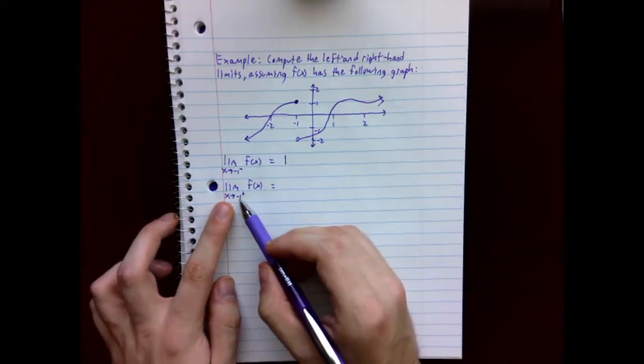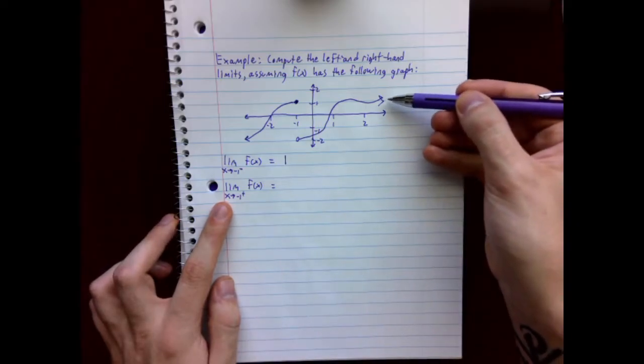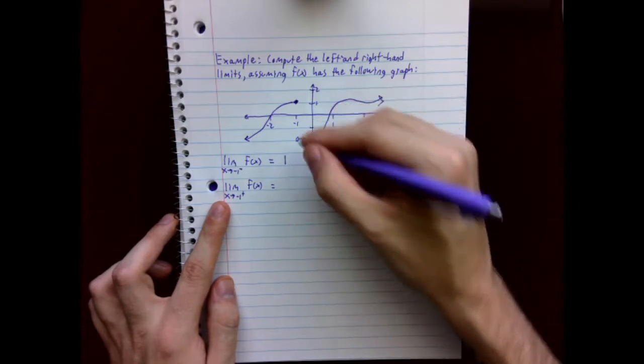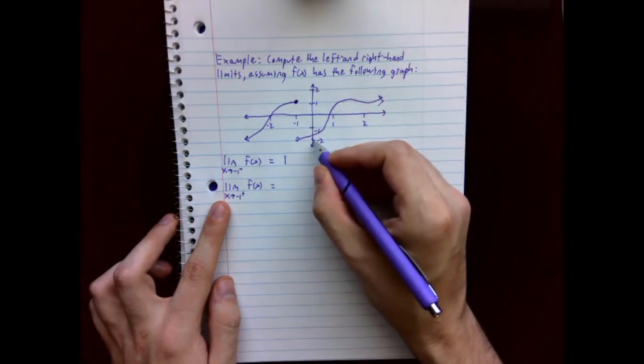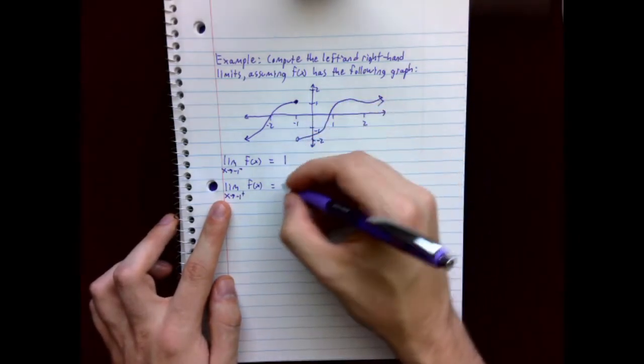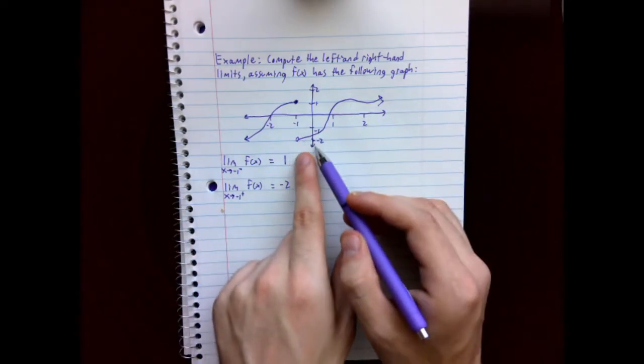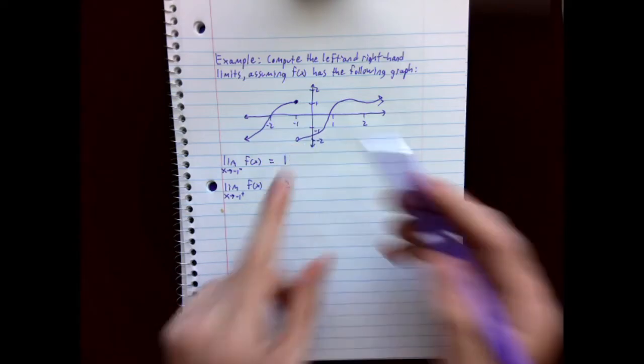Likewise, if I come in to -1 but from the right, so now we're coming in from the values from positive infinity, it looks like we're approaching -2, or at least this is definitely what I meant to draw. So as I come in from the right, I approach -2.